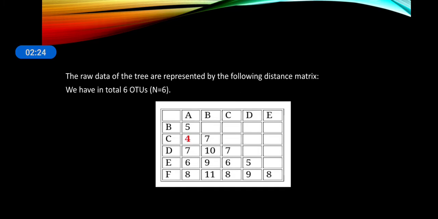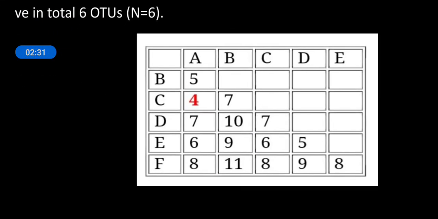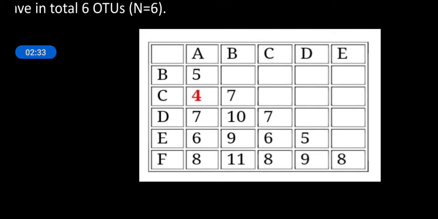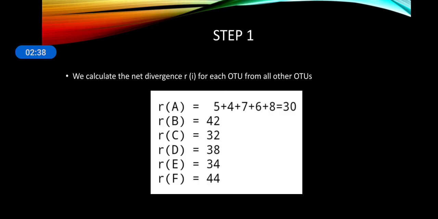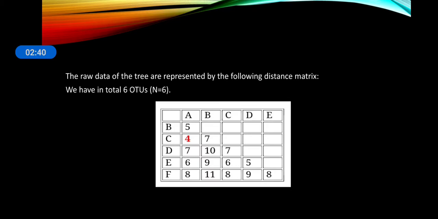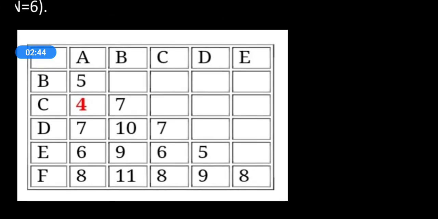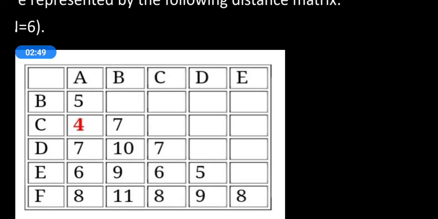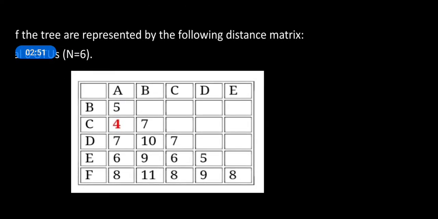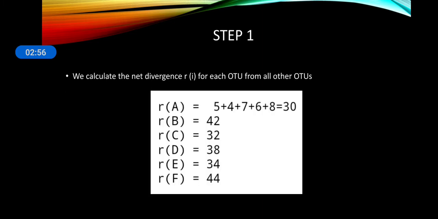In the case of B, you add 7 plus 10 plus 9 plus 11, and also this 5, which will make I think 42. In the case of C, you add this row, 7 plus 6 plus 8, and also 4 plus 7, that will make I think 32. Likewise, you have to add for all the groups.